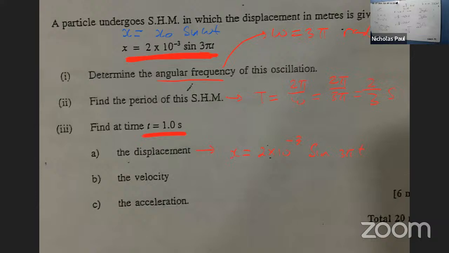I'm going to put t as 1, and x is equal to 2 by 10 to the minus 3 sine 3 pi. We have one problem here: the calculator must be in what?